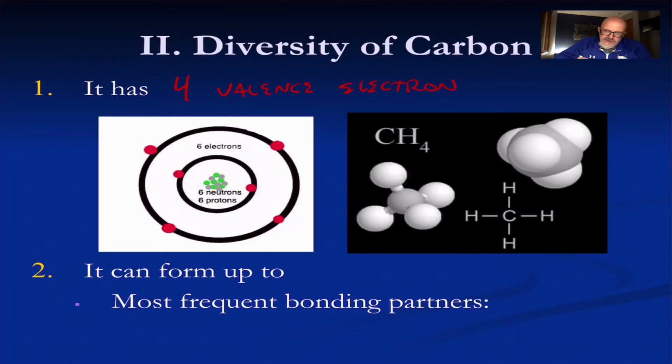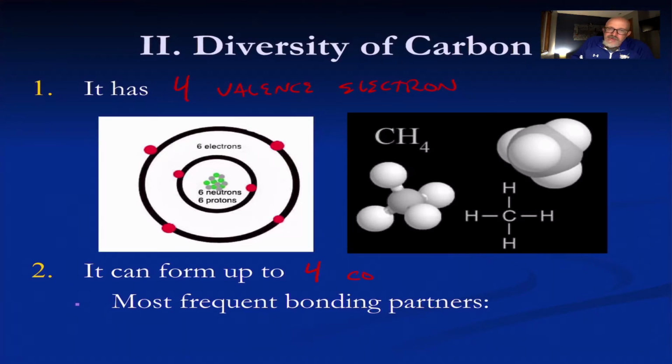So in this case, carbon has 6 total, right? 2 in that first orbit, and then 4 in the second orbit, which makes it super, super capable of bonding to pretty much everything. All right, so it can form up to 4 covalent bonds.